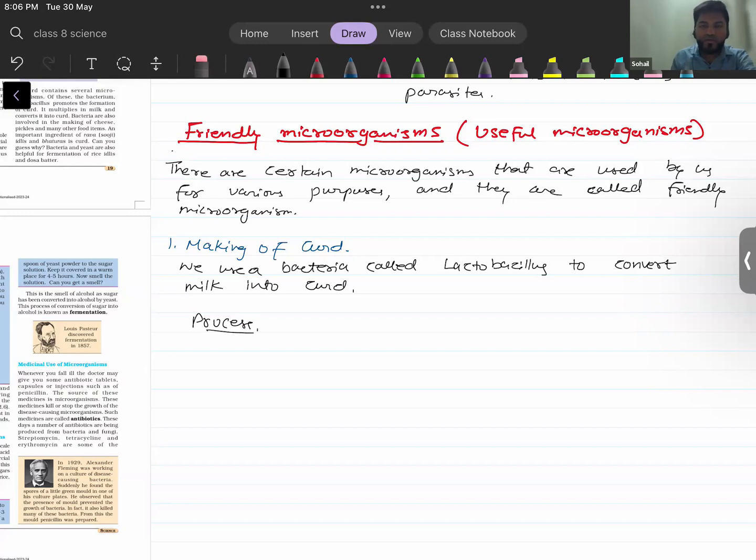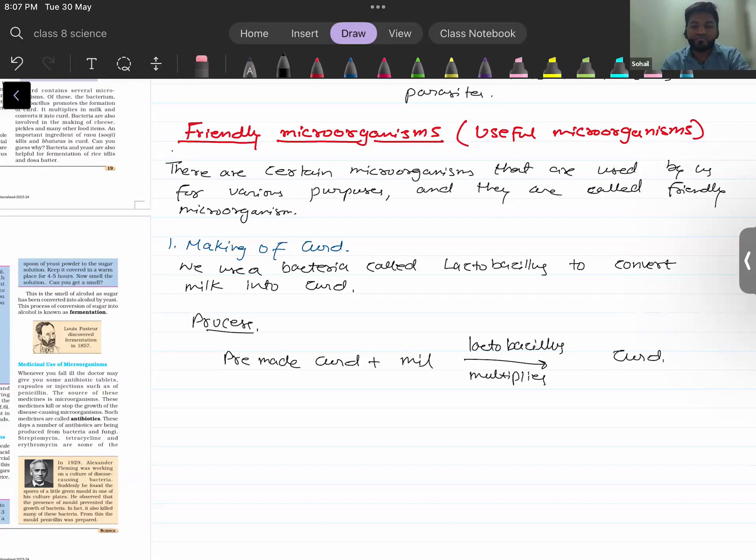Adding pre-made curd to milk. So pre-made curd is added to milk. Here the lactobacillus bacteria multiplies and makes the whole milk into curd. That is what simply happens here.